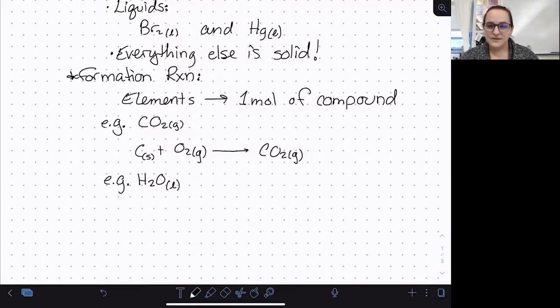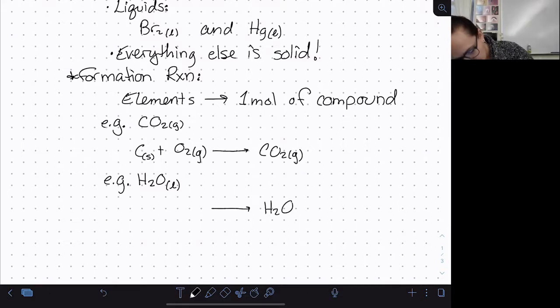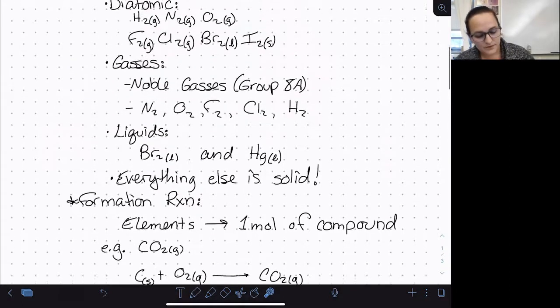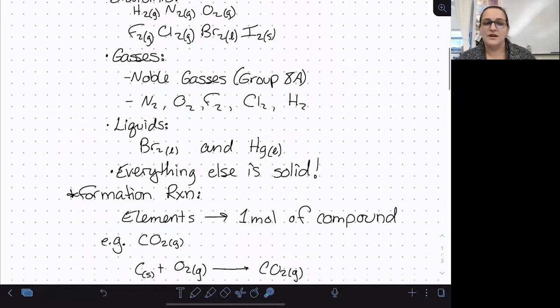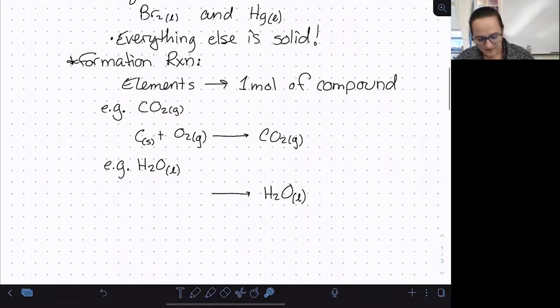So in writing this formation reaction, the compound that we are interested in is always going to be the product. Our reactants are going to be their elements in their standard state. So hydrogen and oxygen are the elements that we're using here. And if we look back up here, both hydrogen and oxygen are on our list of diatomic elements.